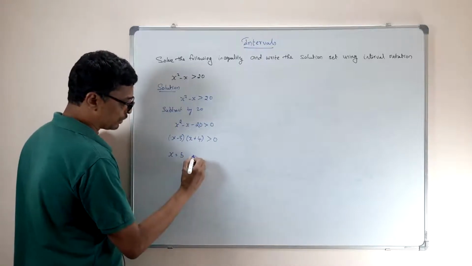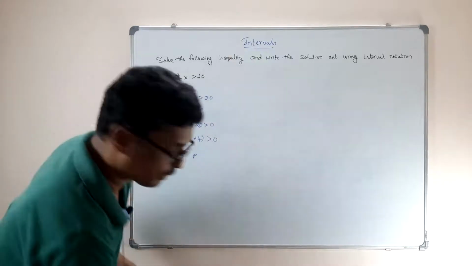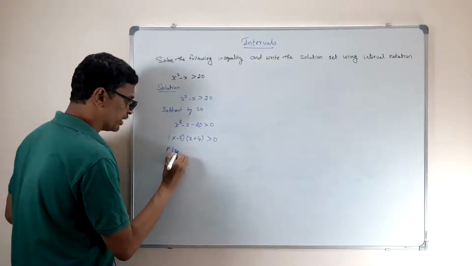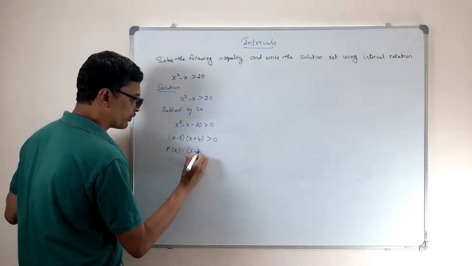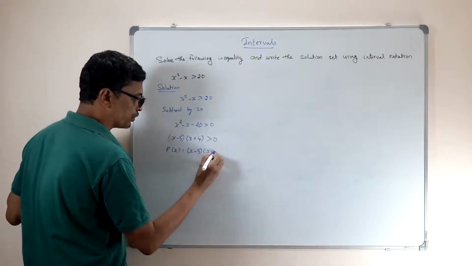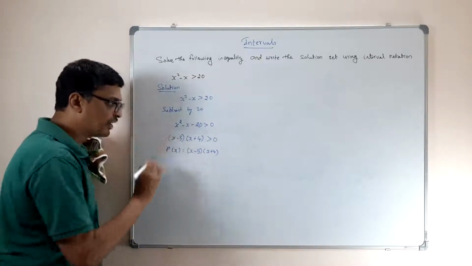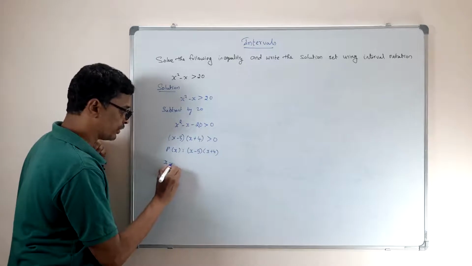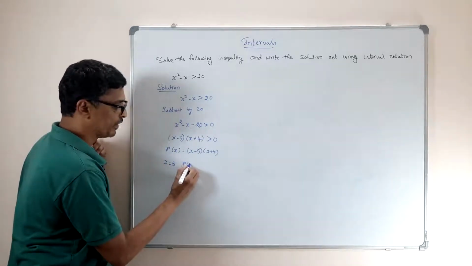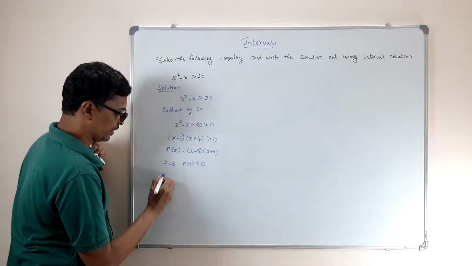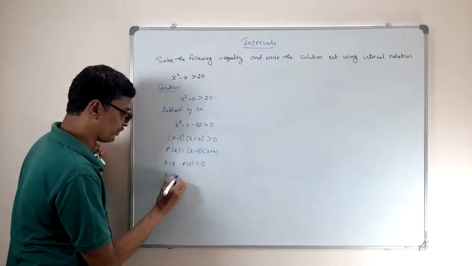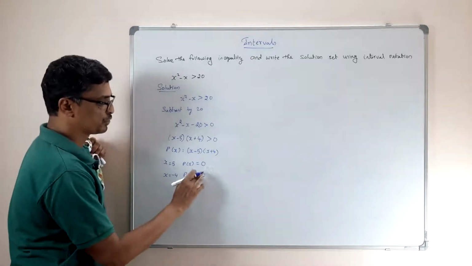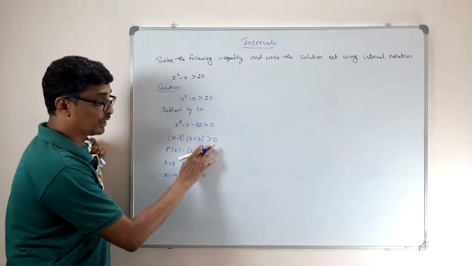Let p of x be equal to x minus 5 into x plus 4. At x equal to 5, p of x is 0, and at x equal to minus 4, p of x is also 0. Of course these two are out, because we need greater than 0.